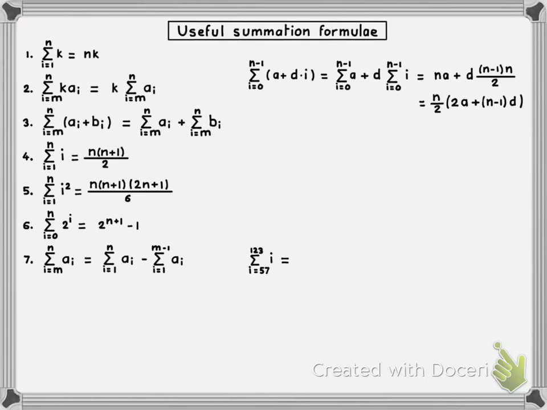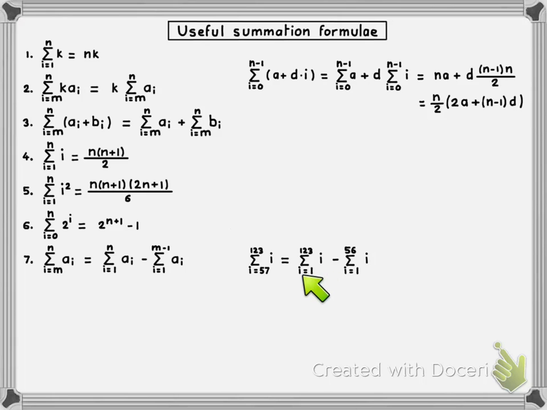Notice we have a formula here to compute the sum of all the consecutive integers up to n, but we have to start at 1 to use this formula. Here we can't use it since we're starting at 57. So we can use this formula to rewrite it as the sum for i equals 1 to 123 minus the extra terms we just added from 1 to 56.